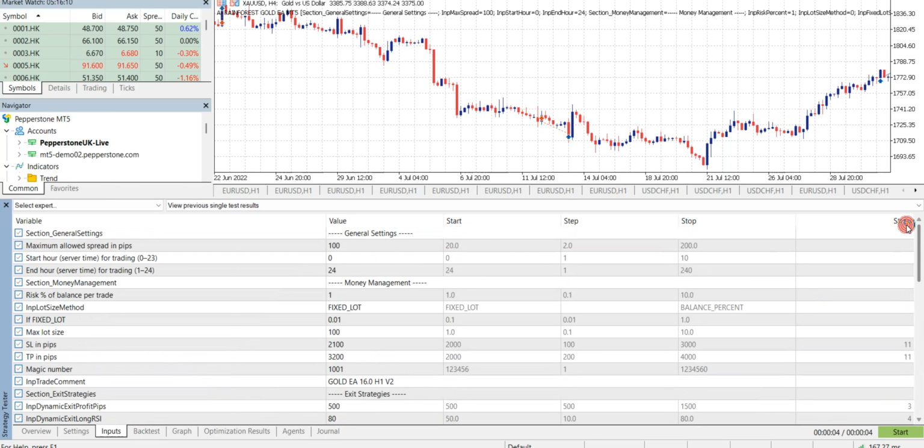Just as a last thing, let's see, a balance based with 2% with max lots, yeah, something like this.